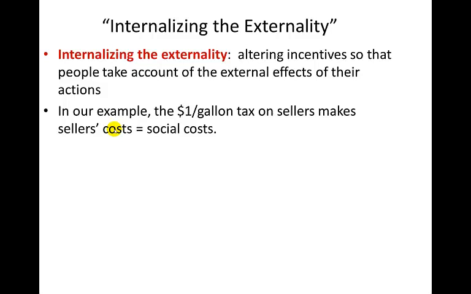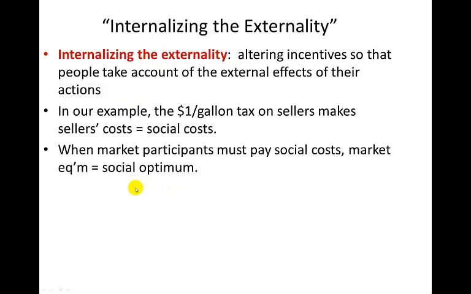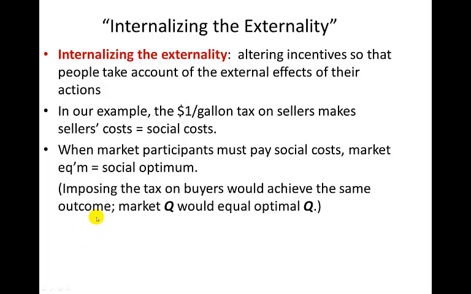So if we impose a $1 per gallon tax on sellers, then again that makes sellers incorporate the cost to society into their actions. So then if we get sellers or buyers to incorporate these costs, then basically we can let the free market go and our market will arrive at the social optimum again.